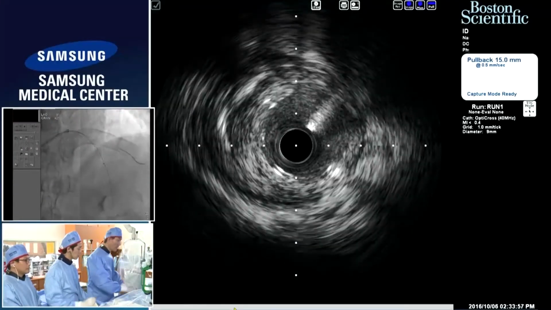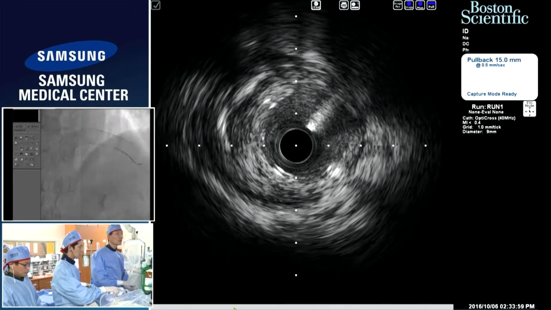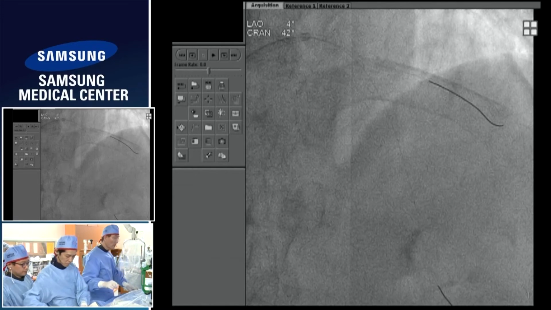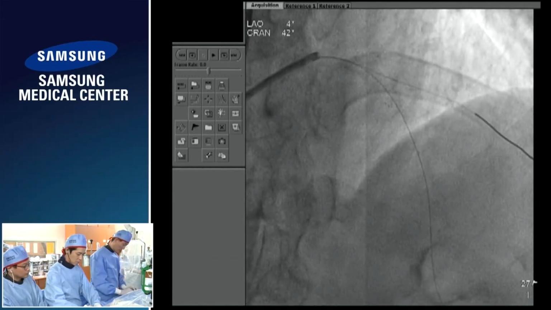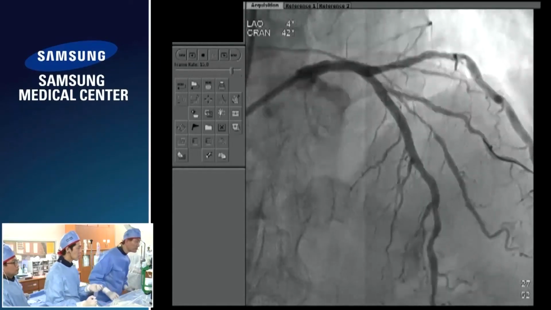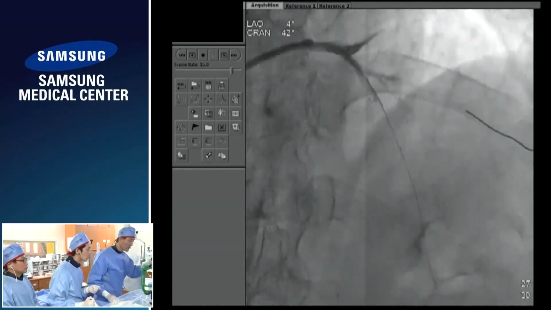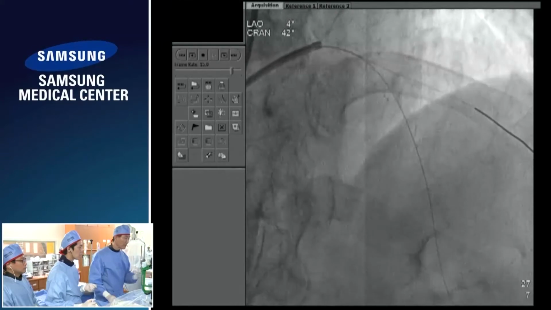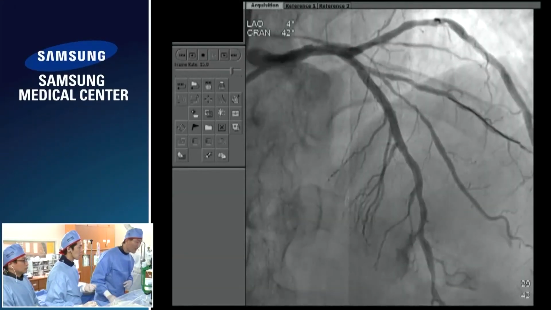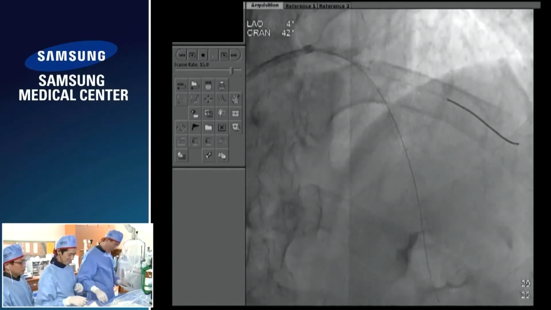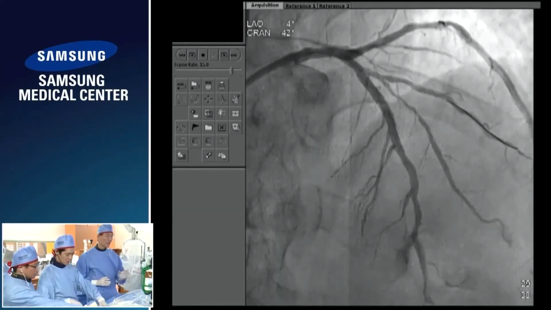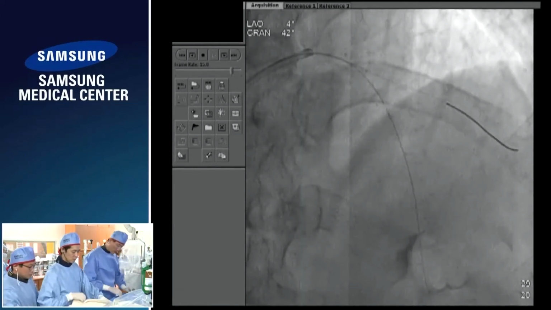Stop there. Show the angio before side branch ballooning. So if you look carefully, this is before side branch ballooning. Now after side branch ballooning. I'm not sure. In my mind, frequently the scaffold is pulled to the diagonal side in most cases.